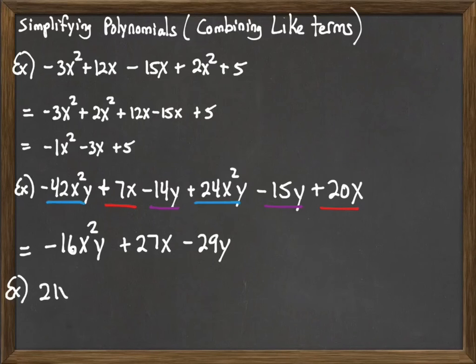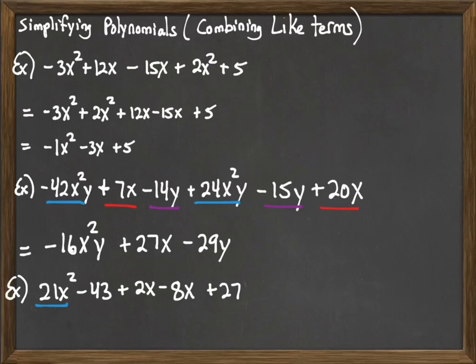Let's do one more example. Let's consider the polynomial 21x squared minus 43 plus 2x minus 8x plus 27. Once again, we want to pair up our like terms. The first one I see there is a 21x squared.